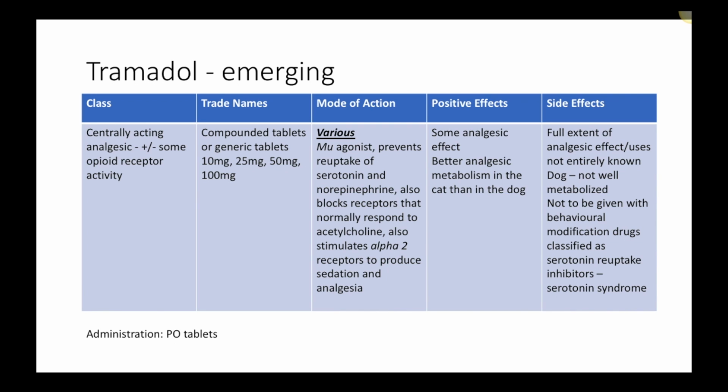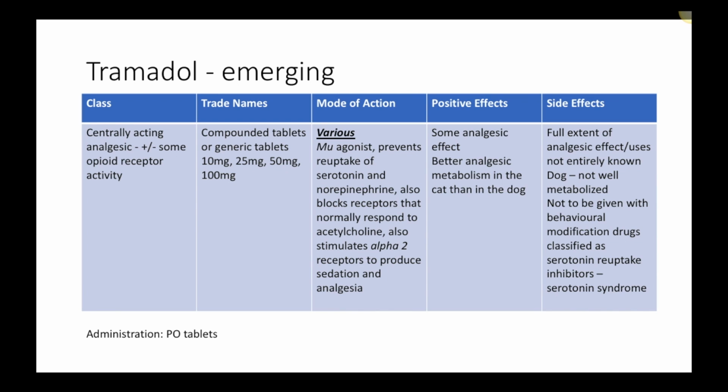So side effects with tramadol, we actually don't know how well it works in dogs and cats, especially the dogs. It's generally not well metabolized. So if we're giving tramadol as the primary analgesic in dogs, it might be something to consider that it's not working very well. And again, we have to go back to monitoring for signs of pain. And then secondary, the contraindications, we do not give this with certain behavioral modifying drugs that are selective serotonin reuptake inhibitors.